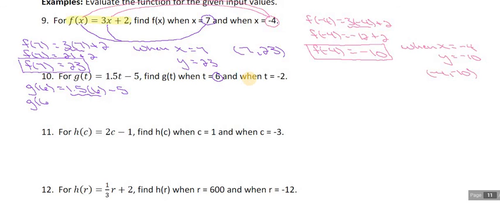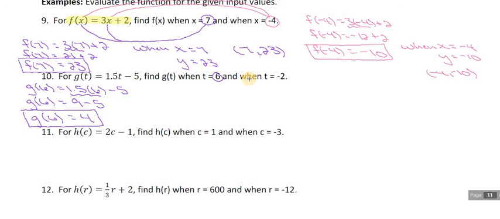That's going to give us 9. Drag down the minus 5. So g of 6 equals 4. When t equals 6, g of t equals 4. When x is 6, y is 4.